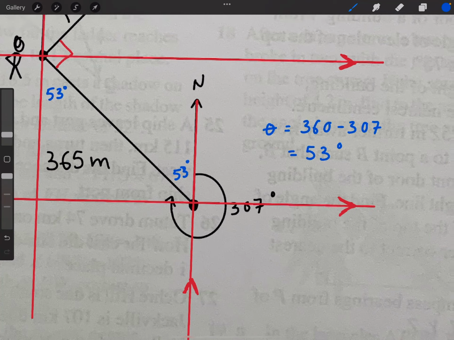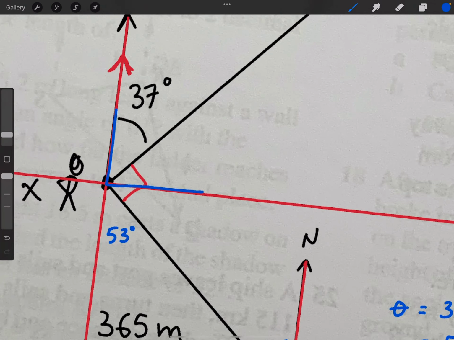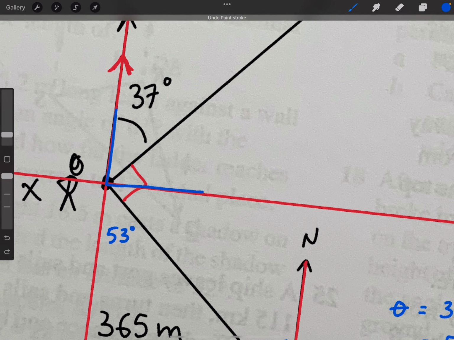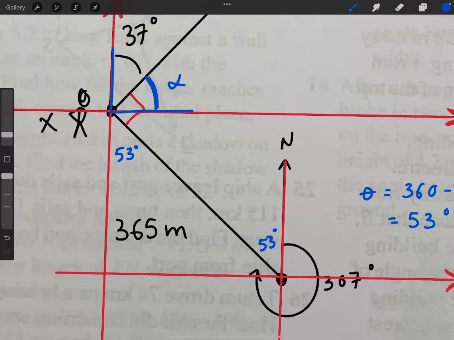Alright, what next? I need to prove somehow that this angle is 90 degrees. So this is 37, look at the top part here, this angle is 37. And what is this angle here? Let's call this angle from here to here alpha, and let's call this angle here, the double line one, beta.